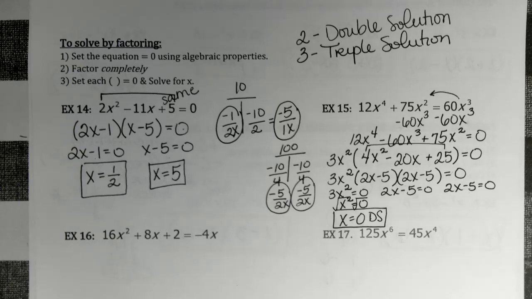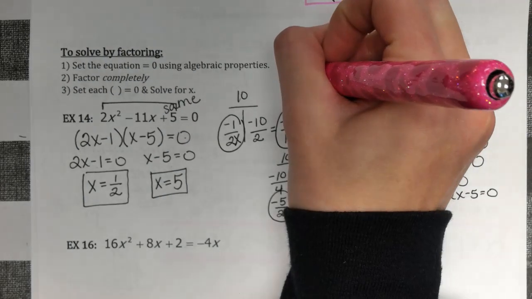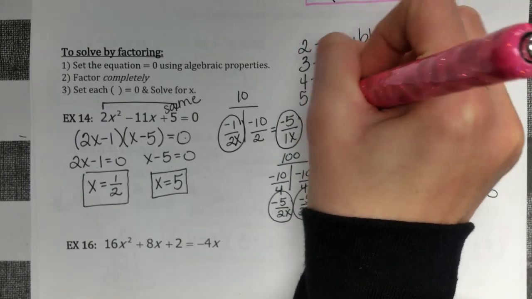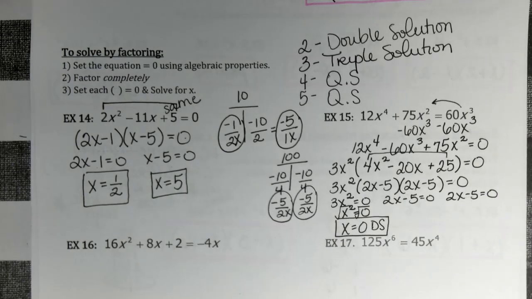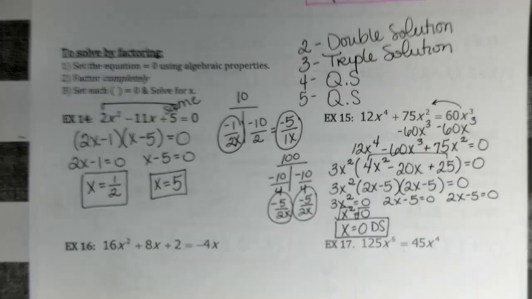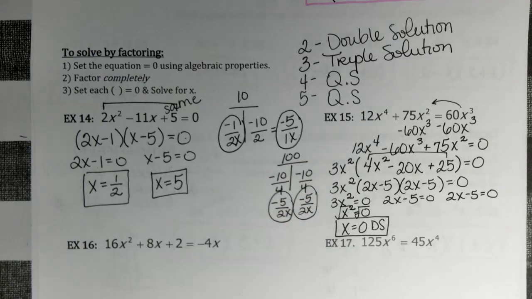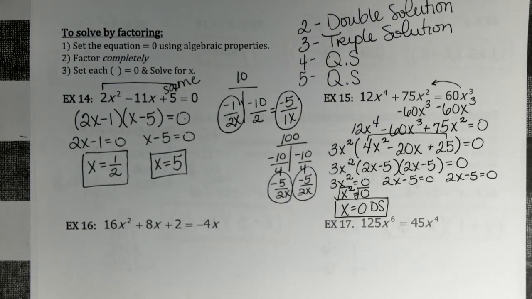The quadruple and quintuple solution. I'm just going to put QS, because on the key, when you're working, you might see a TS or QS, and that's where that's coming from. Okay? I want you to try to do 16, and then we're going to check how you did.